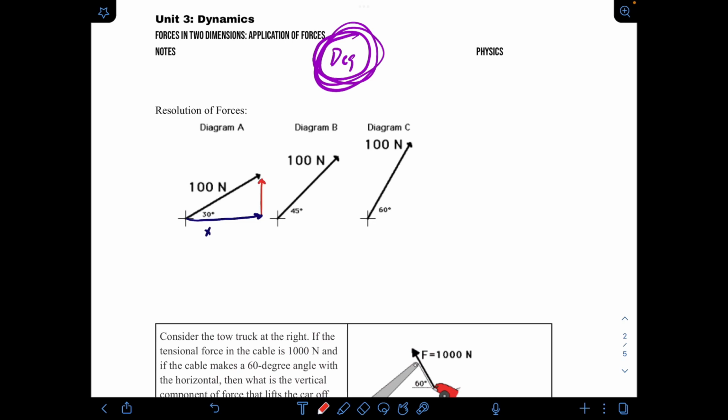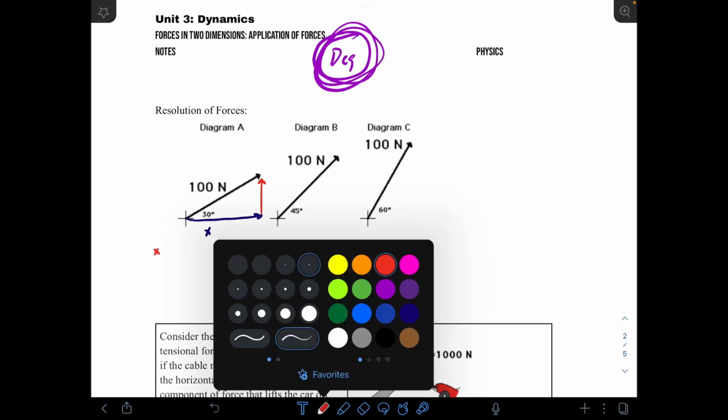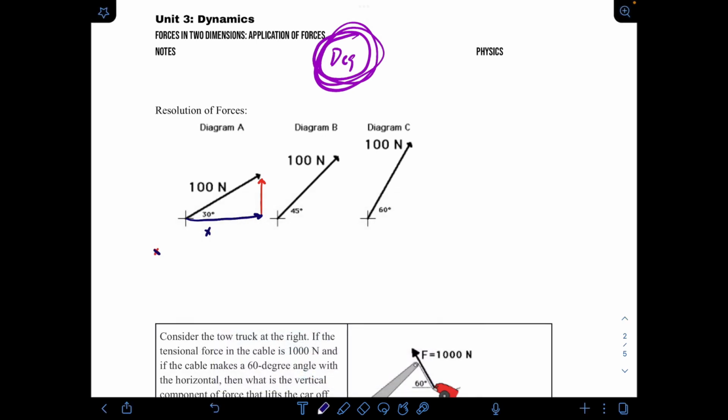I have something in the x and then something in the y. Well, if we remember our trig, it looks like I can use the cosine for the x chunk. So the x chunk here would be 100 cosine 30. Right, so when I do that 100 cosine 30, make sure my calculator's in degrees here. I would get about 86.6 for the x direction.